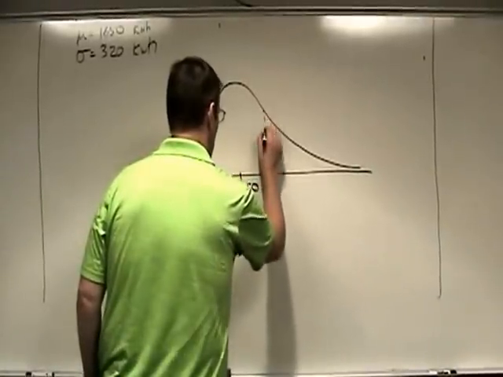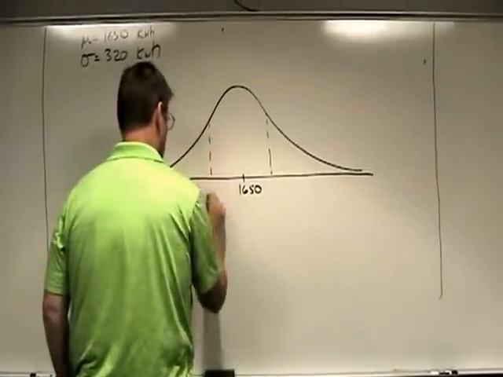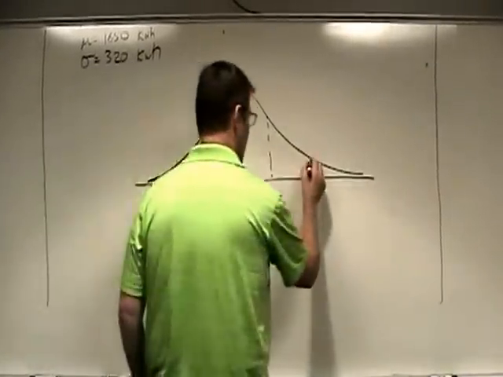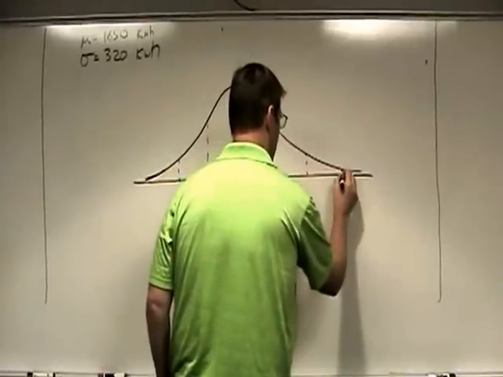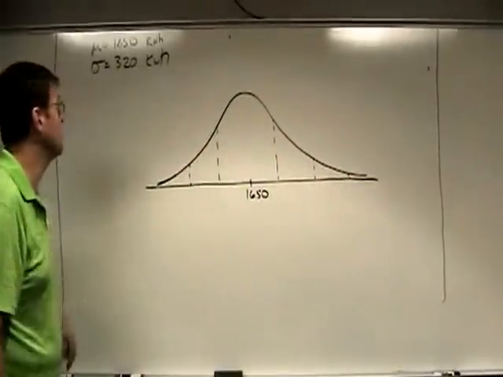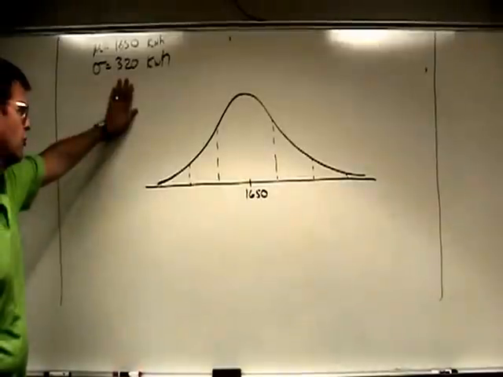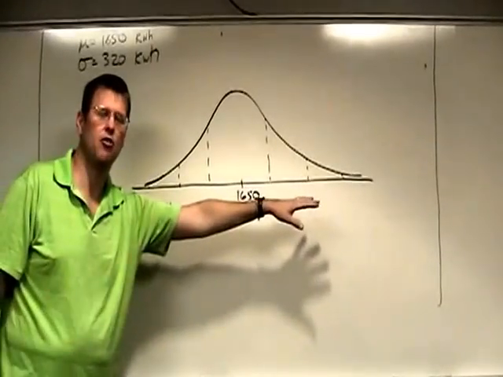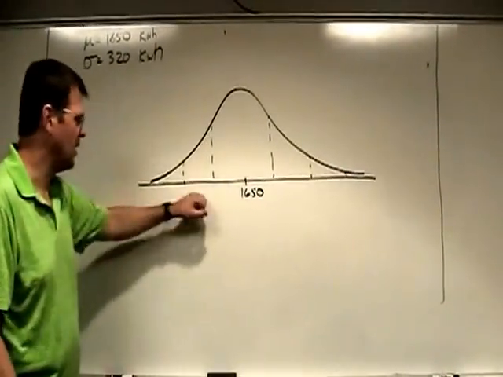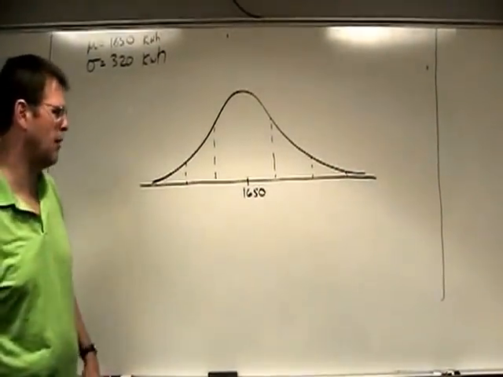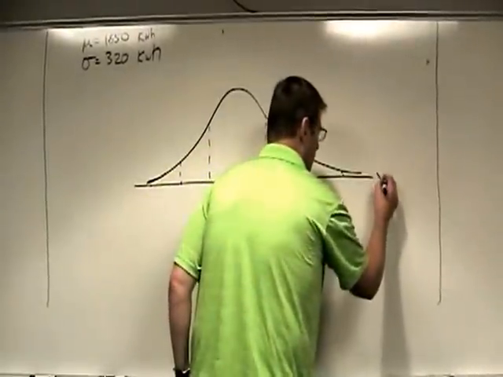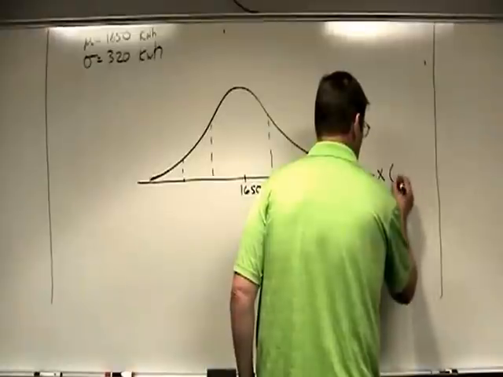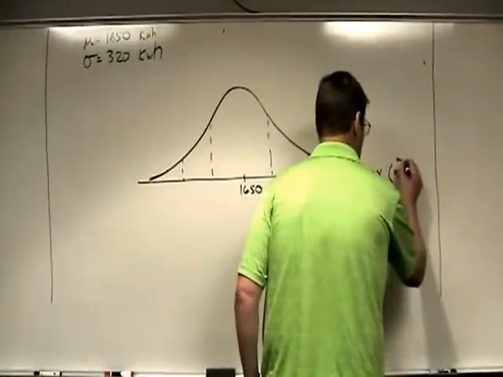And if we go 1, 2, and 3 standard deviations out on each side, again, each one of these jumps is 1 standard deviation or 320 kilowatt hours. So each time I'm going to add an additional 320 to the right, and I'm going to subtract 320 for each jump I go to the left. Remember, our variable here is x, so this is energy usage monthly.